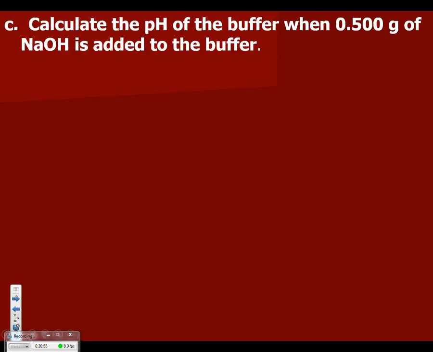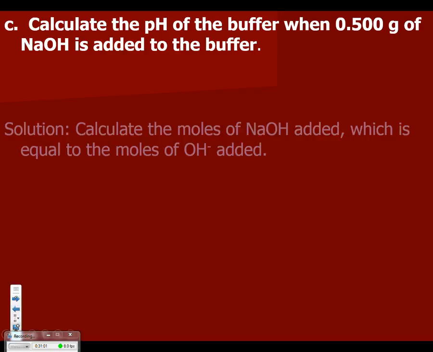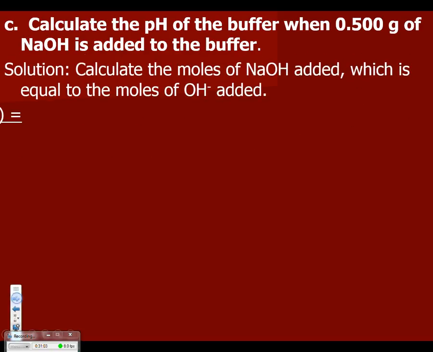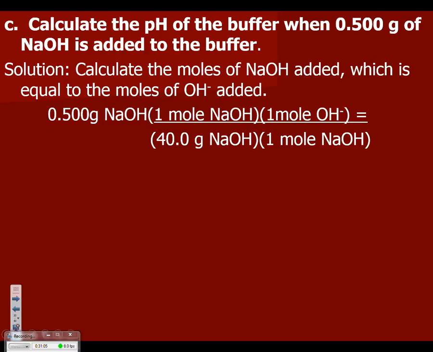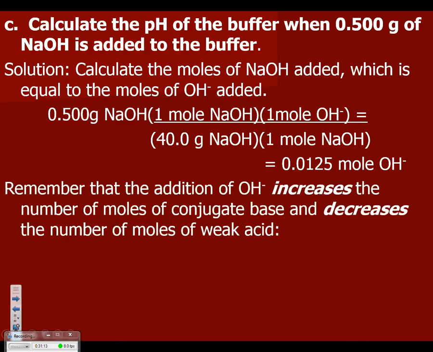So what happens if I add 0.5 grams of NaOH? Well, change that to moles, right? It's the first thing to find out how many moles I'm adding. And it's 0.0125. That's a little bit more than what we had for our acid. So it increases the base side and decreases the acid side, right?